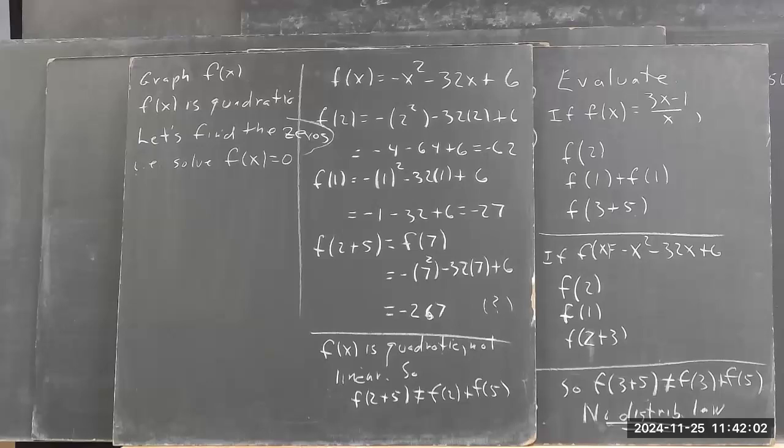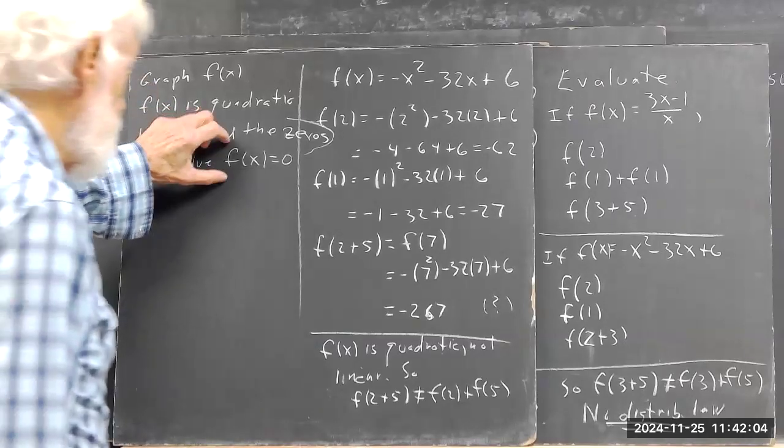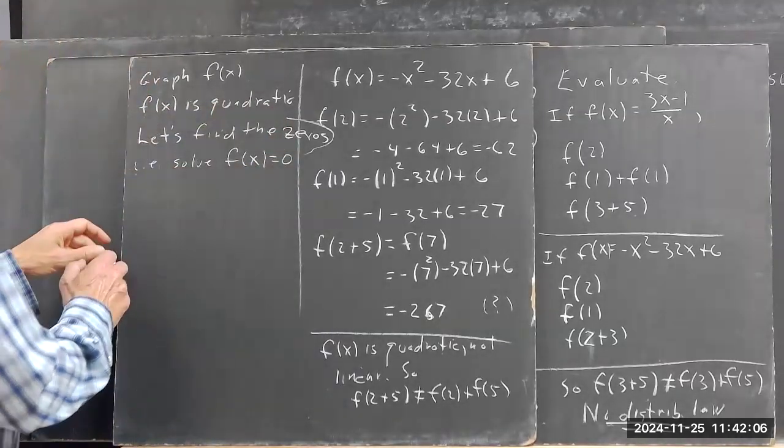All right. So everybody did great. The equation f of x equals 0.